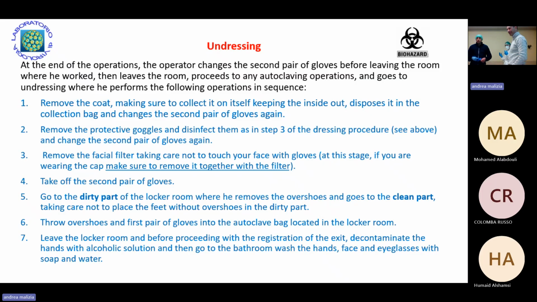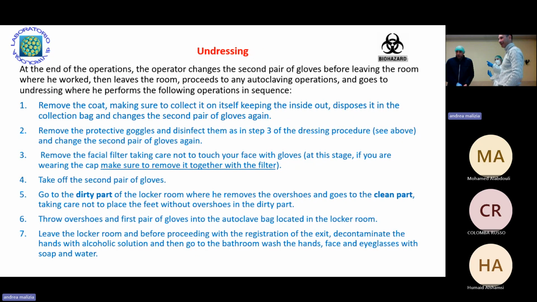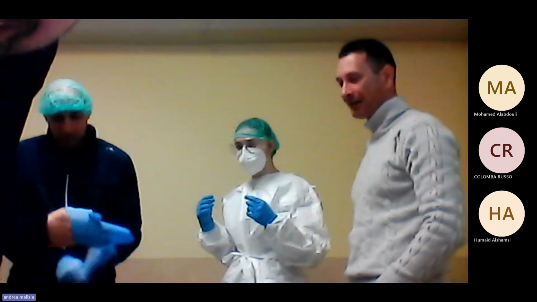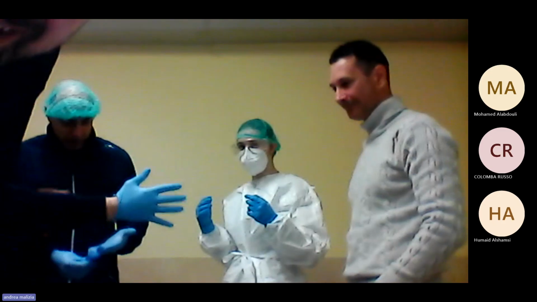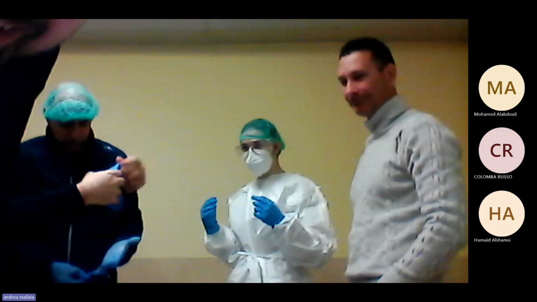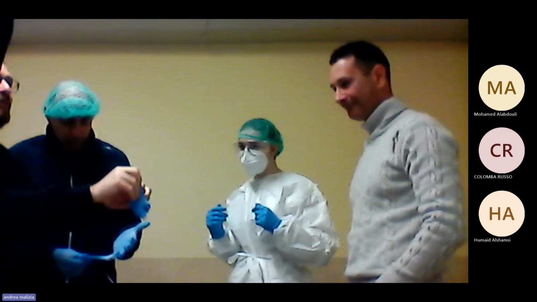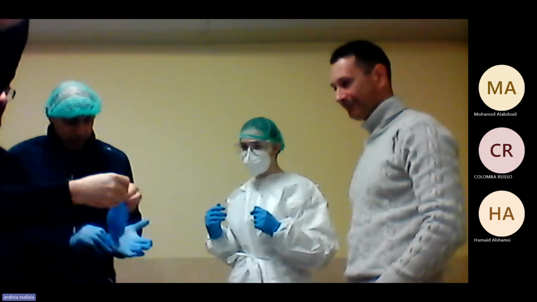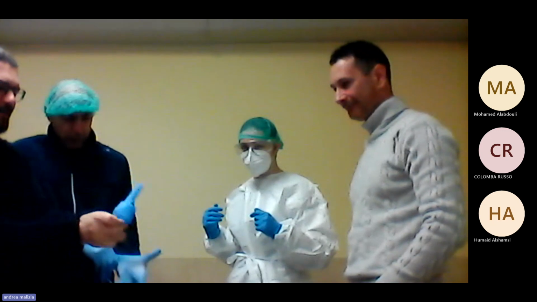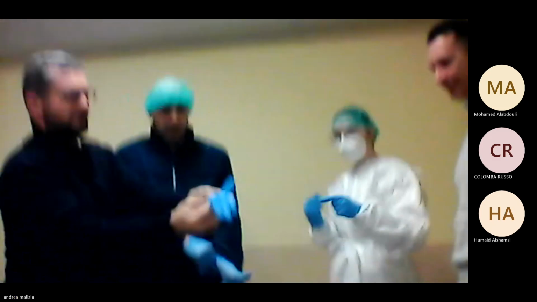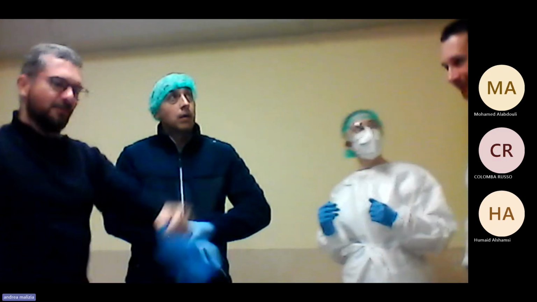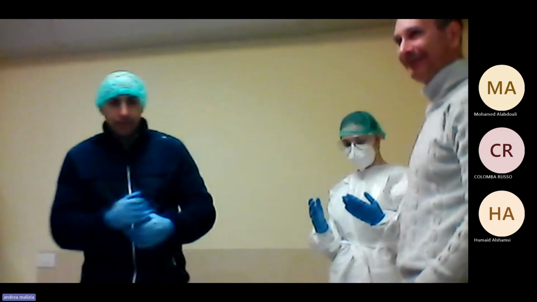If you want to reuse this glove without puffing inside with your mouth, so you just do this. Safer. Okay. There you go.